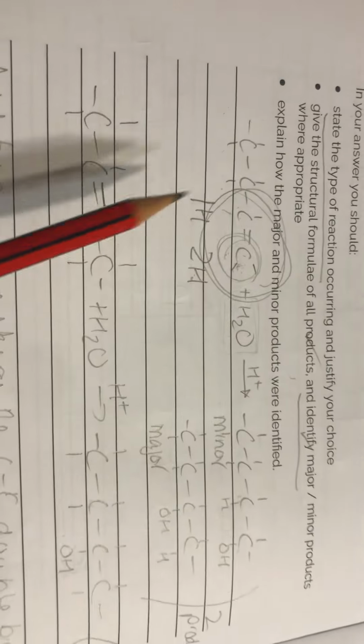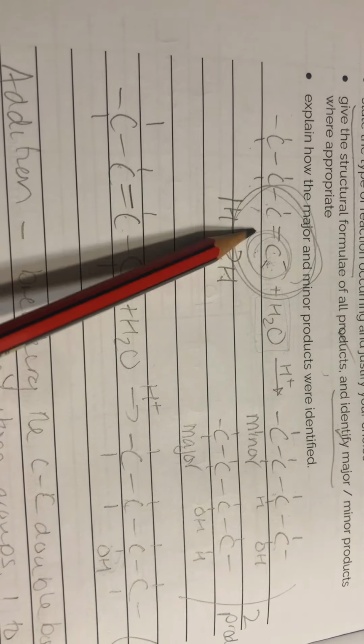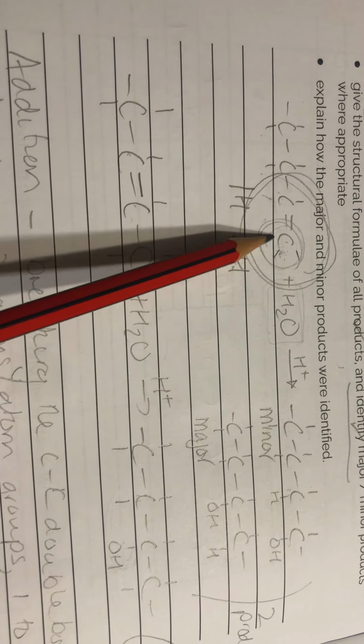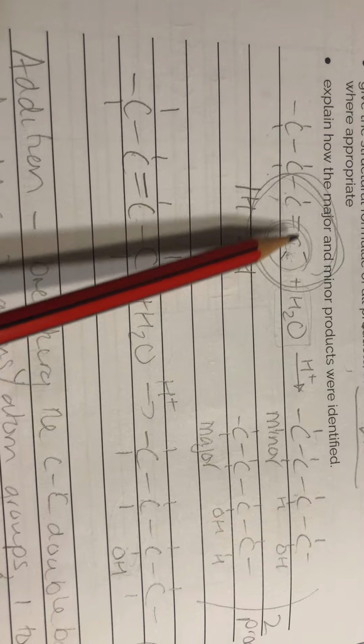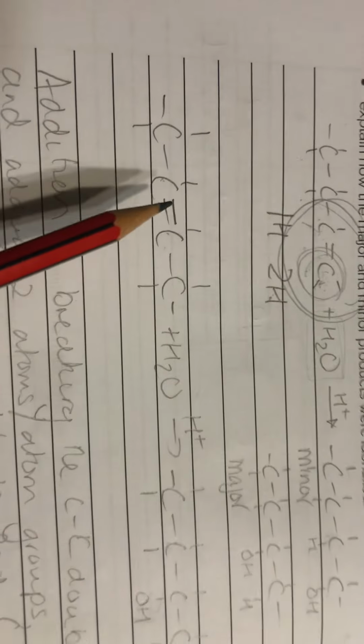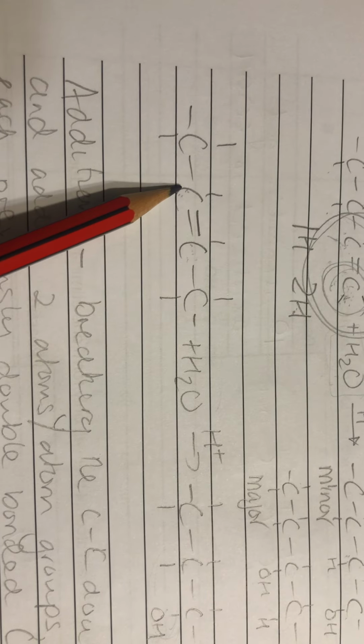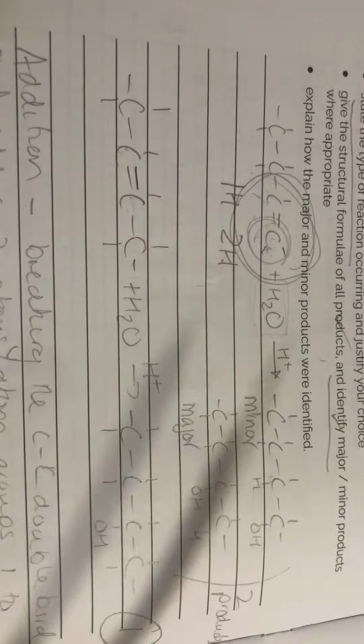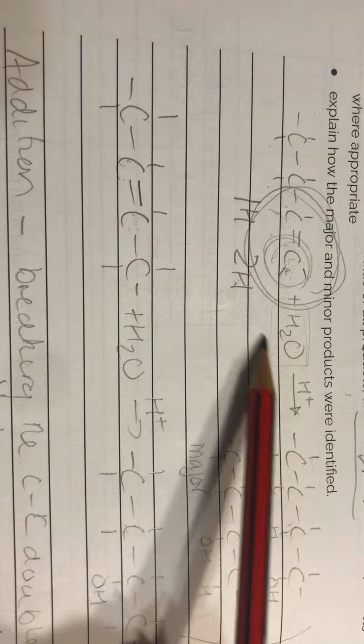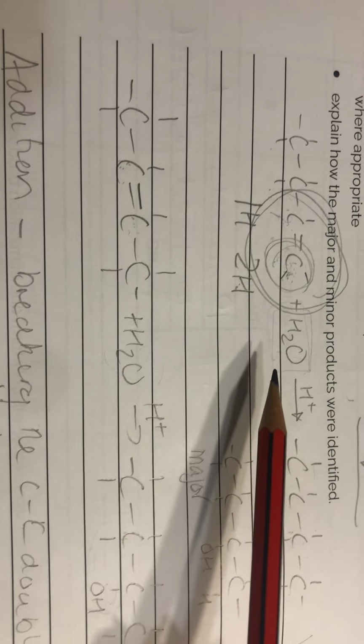So we would want to say that the difference between these two is that this one is asymmetric, i.e. these 2 double bonded carbons are not the same as each other, whereas in this one these 2 double bonded carbons are identical, so that's symmetrical. We should also say that we are adding an asymmetrical reagent, so we're adding an H and an OH.